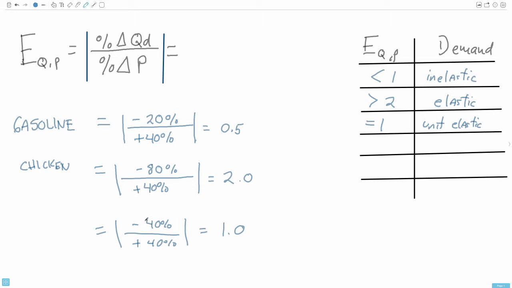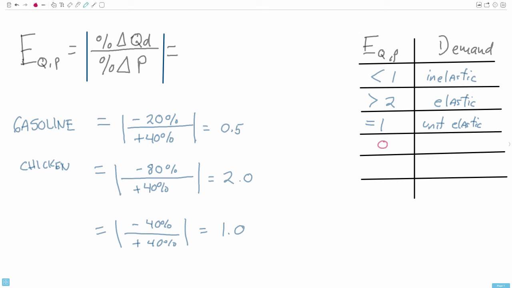Now, if you remember in the lectures, I also mentioned two extreme cases, right? Two extreme cases that correspond to perfectly inelastic and perfectly elastic. So let's talk about the first one. When the price elasticity of demand is equal to 0, what do you need for this ratio to be equal to 0?